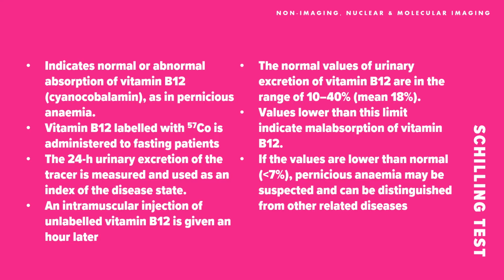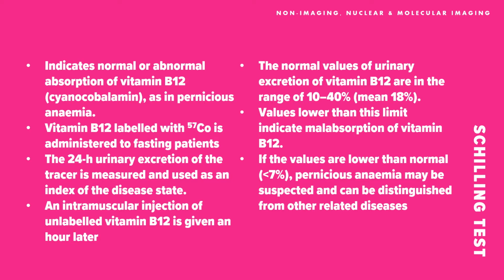For those considered to have normal absorption of vitamin B12, the amount of the tracer in the urine sample is in a range of 10 to 40%, with a mean value of 18%.